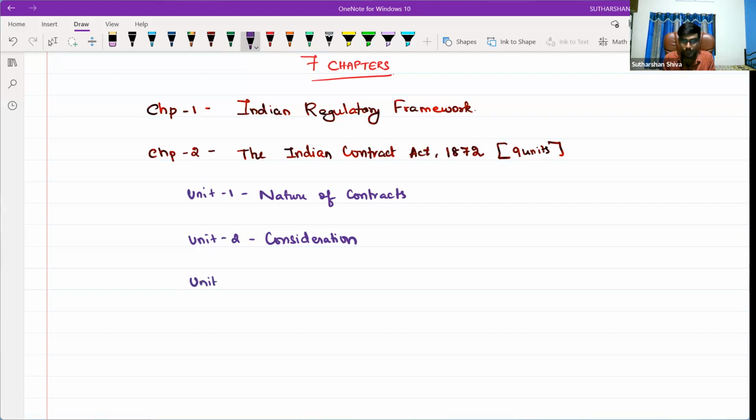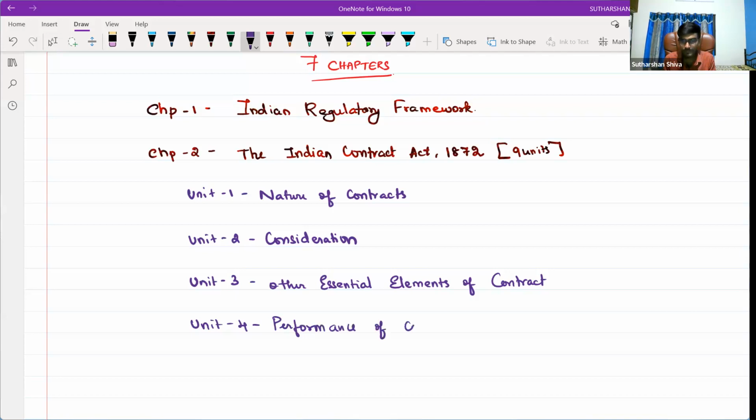Now, unit 3. This unit 3 is about other essential elements of contract. And then unit number 4, performance of contract.